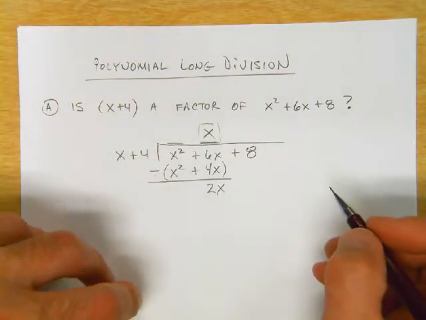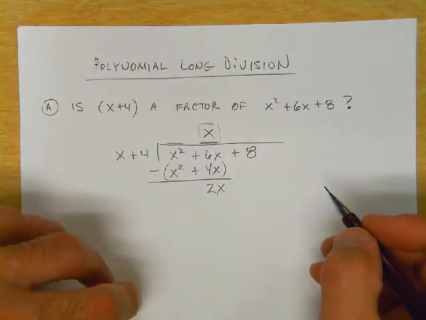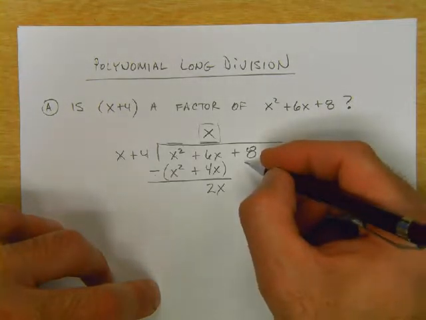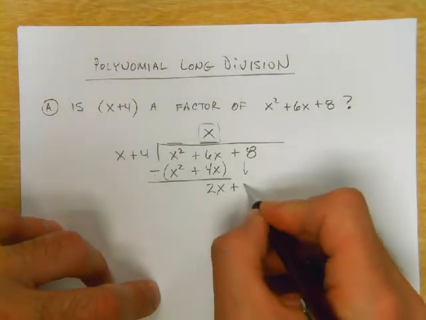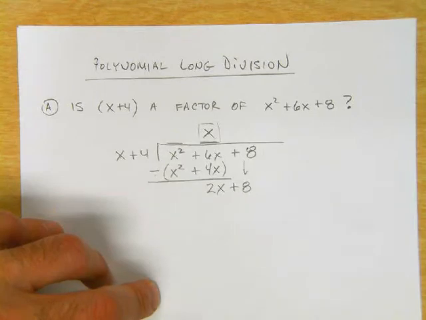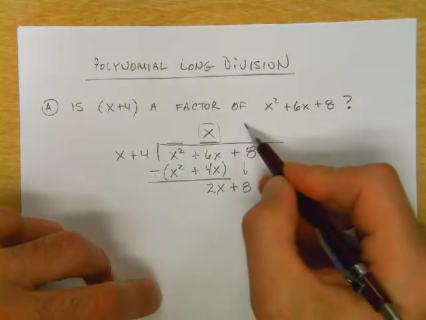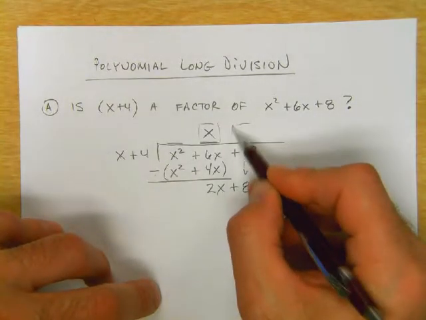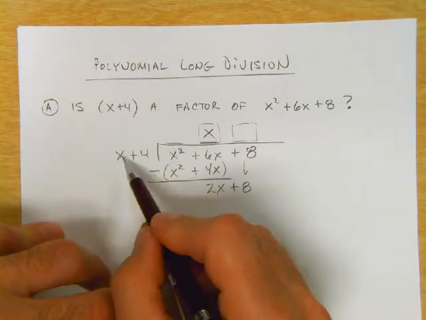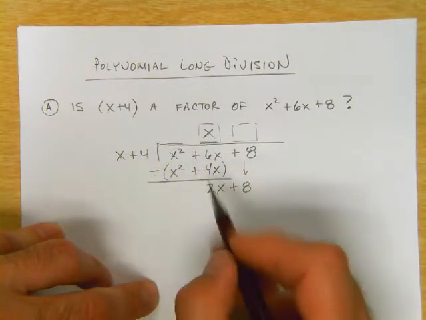Next, we drop the 8, and we go up here and we ask ourselves, what times x equals 2x? Yes, a positive 2.